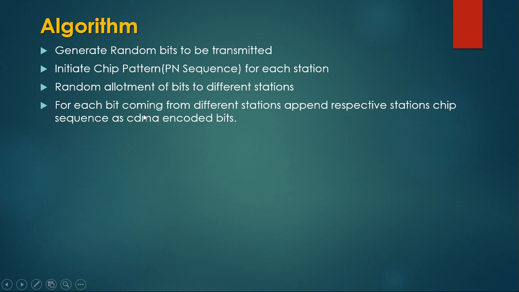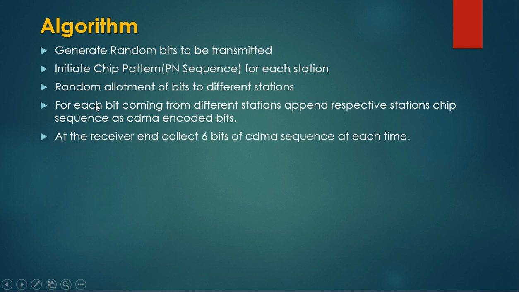For each bit coming from the different stations, append the respective station's chip sequence as a CDMA sequence. Is it clear? It's very simple. If any bit is coming from a particular station, then we will be appending that station's chip sequence as CDMA encoded bits. We will see that in the code also, what exactly is happening here.